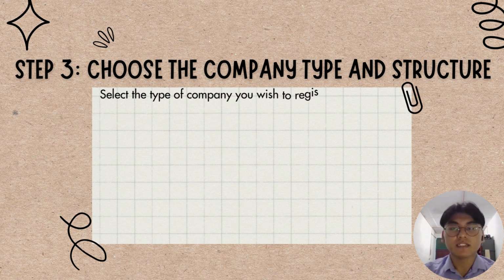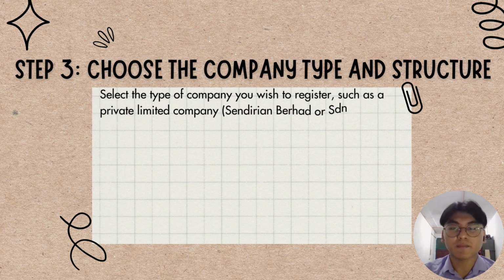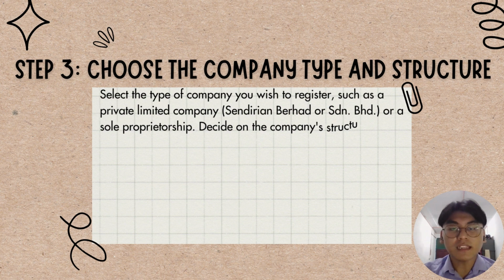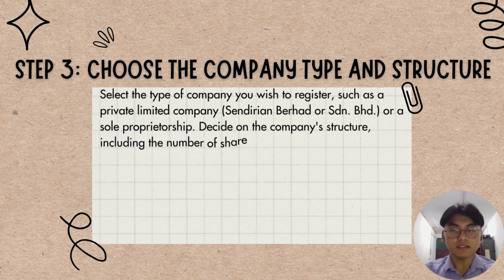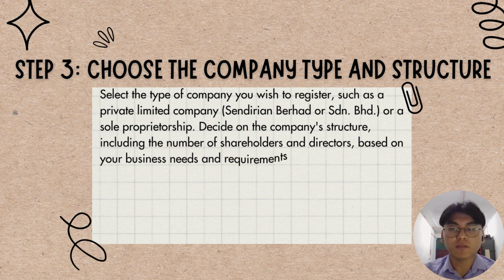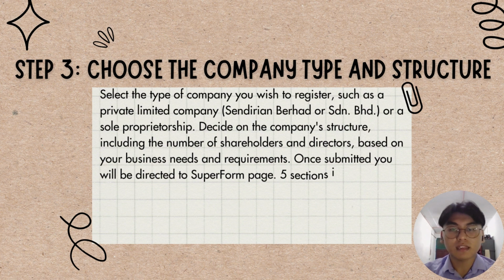Step 3. Choose the company type and structure. Select the type of company you wish to register, such as a private limited company or a sole proprietorship. Decide on the company structure, including the number of shareholders and directors, based on your business needs and requirements.